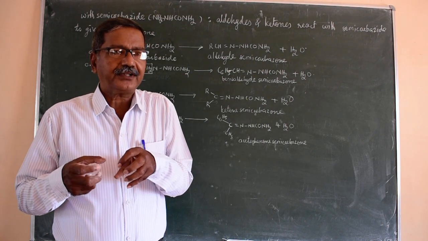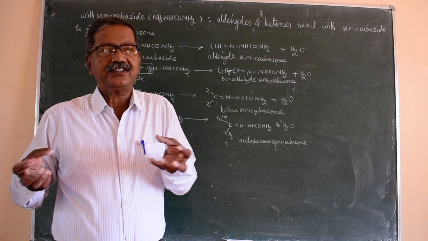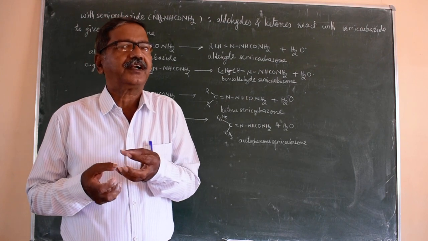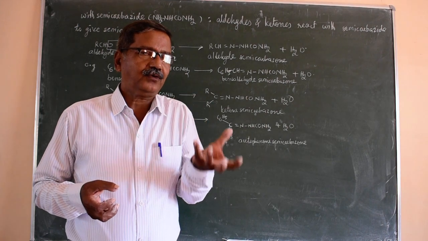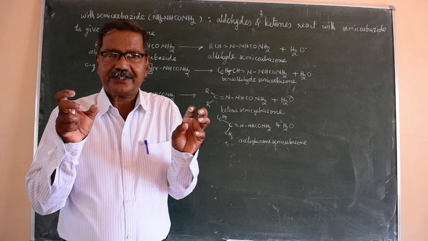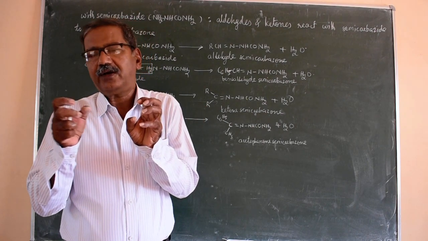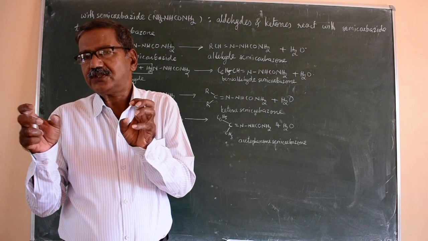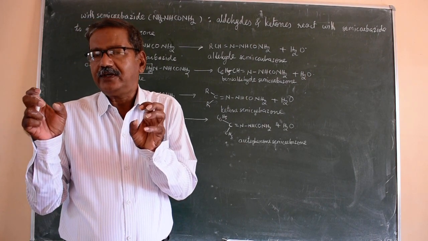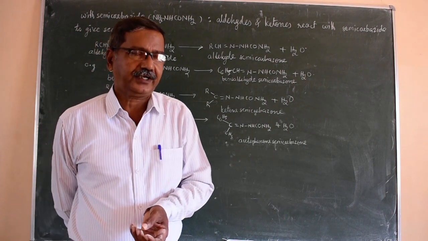Due to steric hindrance, they are less reactive. One more is the electronic effect: there is a repulsion due to a large number of electrons. In aldehyde, the carbonyl group is attached to one hydrocarbon group and one hydrogen. There are no two bulky groups; hydrogen is a small atom. So it is more reactive.